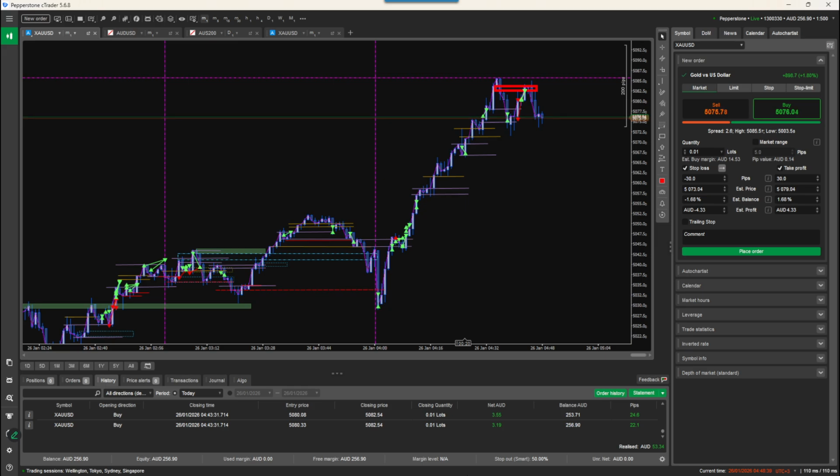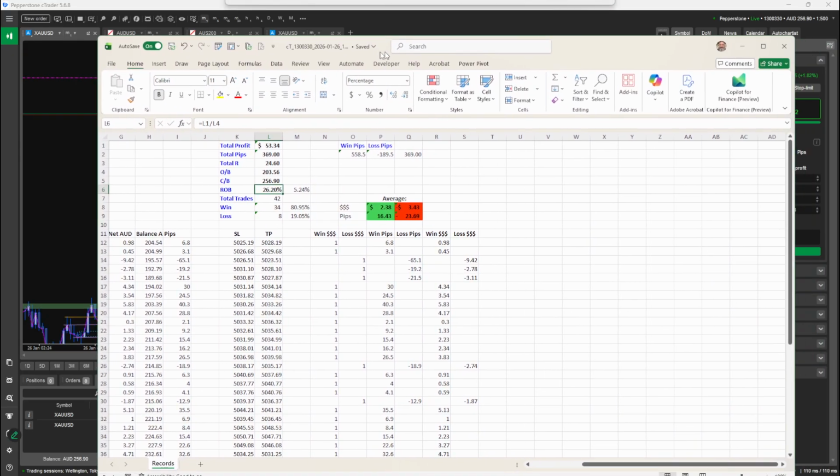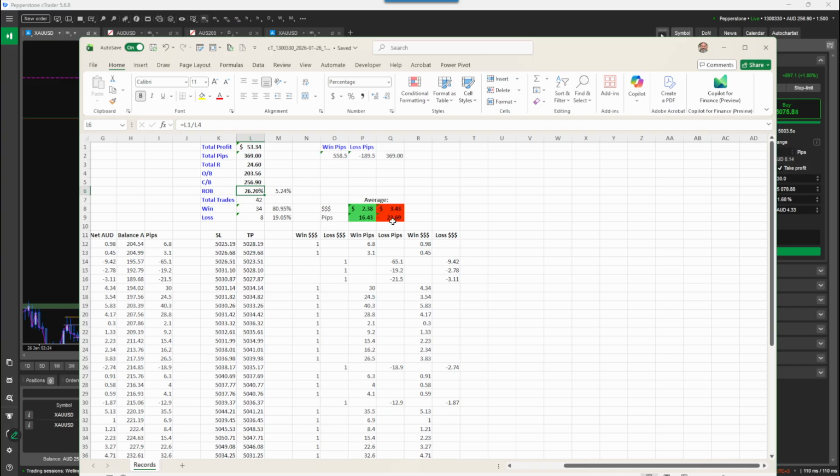So again, just go back to my stats. I'm averaging per trade, I've just moved the needle to 16 pips, and brought the other one down a few pips. I'm 80% success, 8 losses on 42 trades.